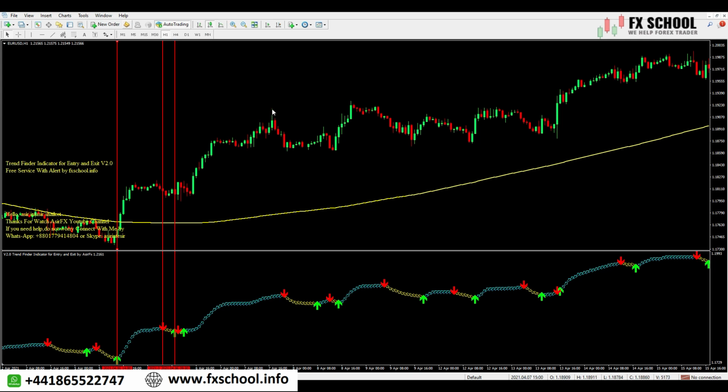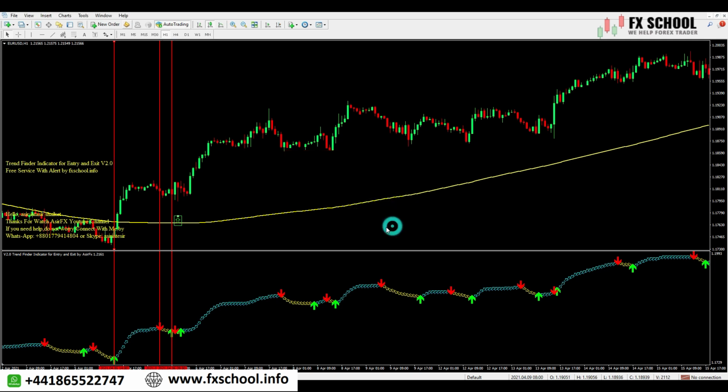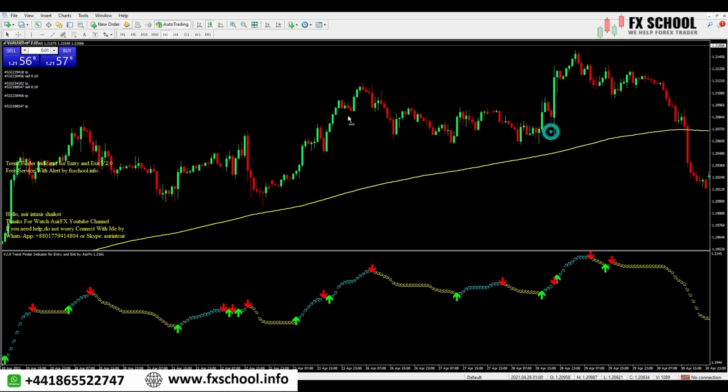Also the yellow line is below the candle, which means you get a buy signal. So only there you can open a buy trade, because the two indicators are giving you the same signal. I'm going to show you a few more examples.